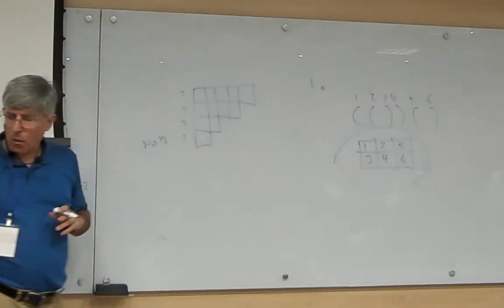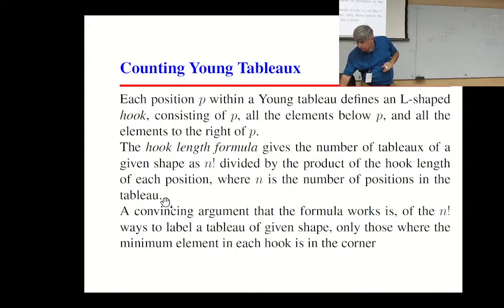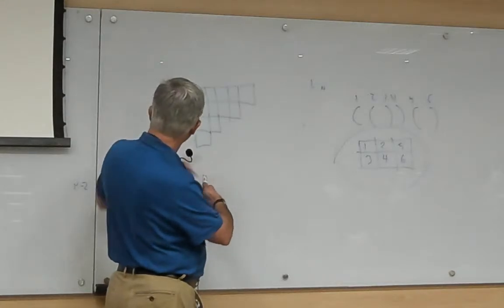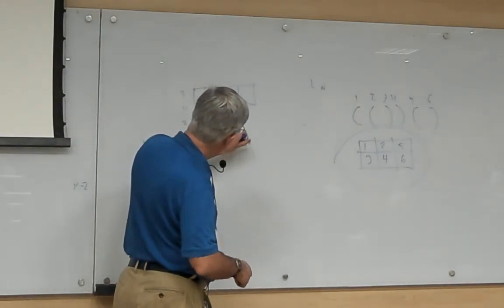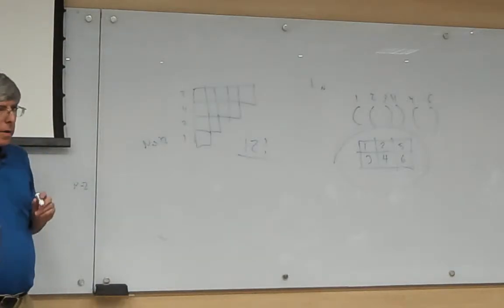The hook length formula is this magic formula that tells you it's n factorial divided by the product of the hook length of each position. What does that mean? N here is 12. 12 factorial is my numerator.